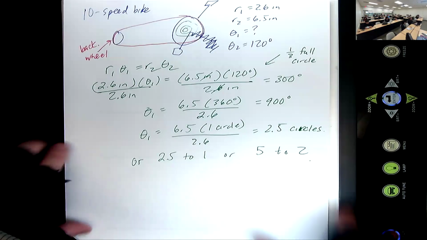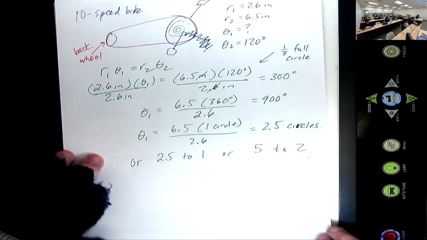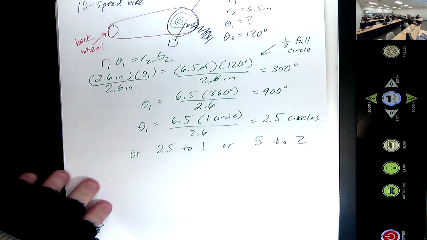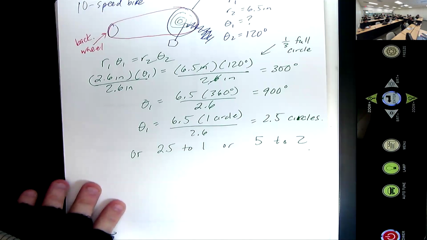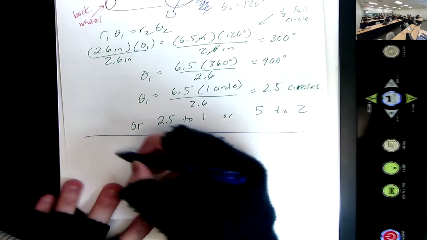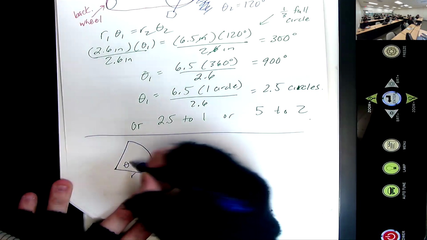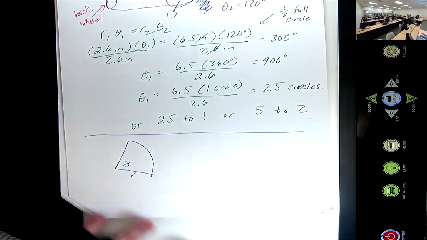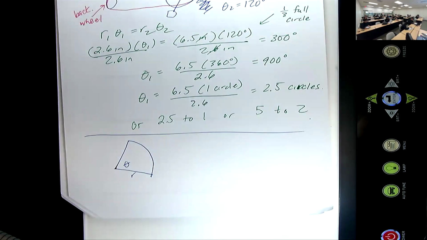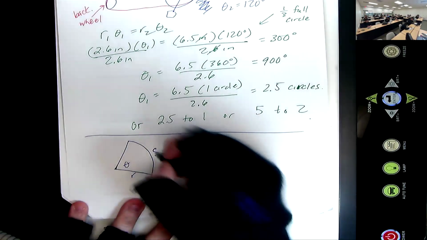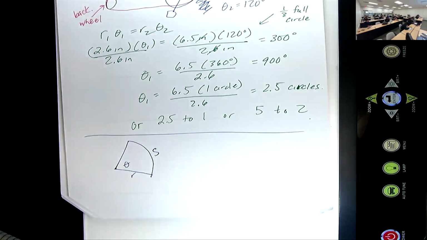Alright, so that was arc length, there's a little bit more in this section. What else could we talk about? Where we have something rotating a certain amount, arc theta. If I'm not talking about arc length, R, or theta, what else could I talk about in this picture? Area.